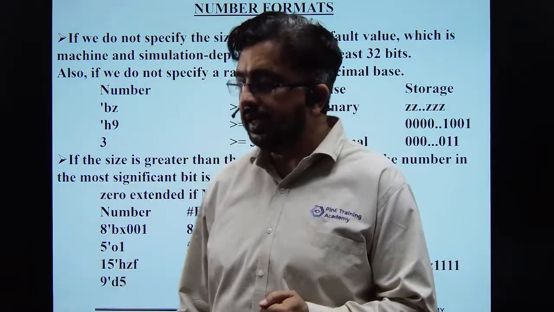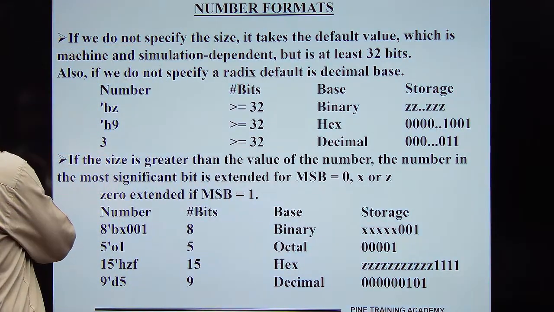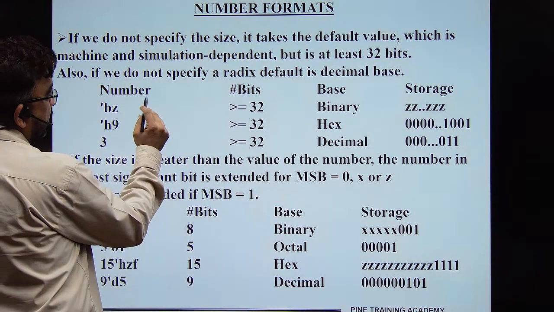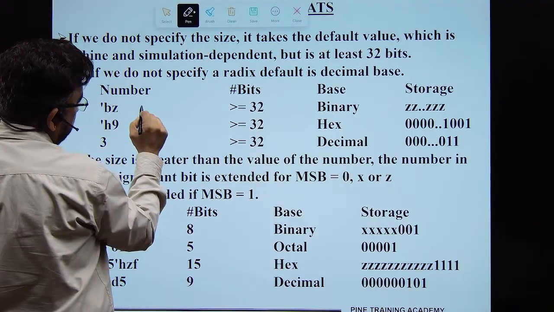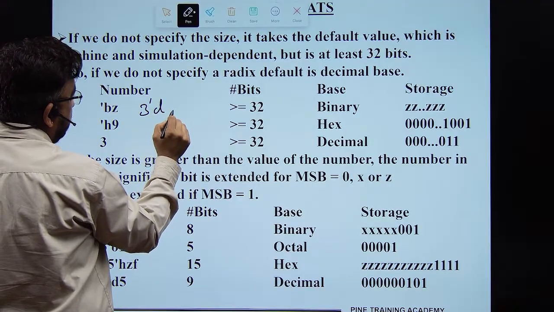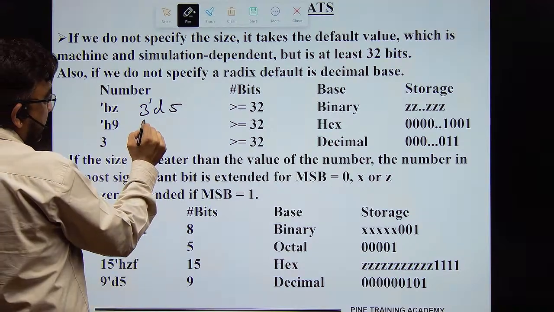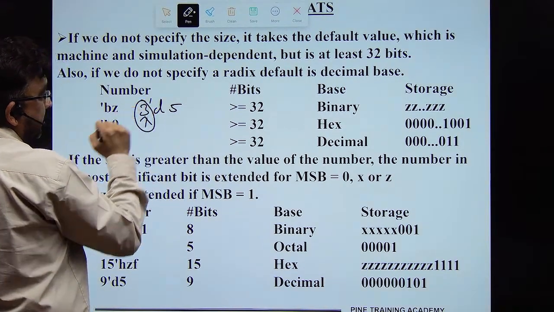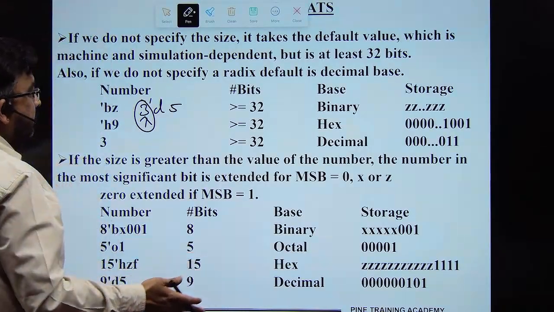If I forget the size, for example 3 tick D5, what is my base value? What happens if we forget the size?